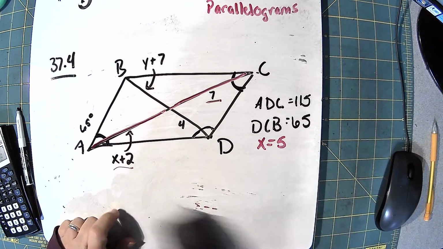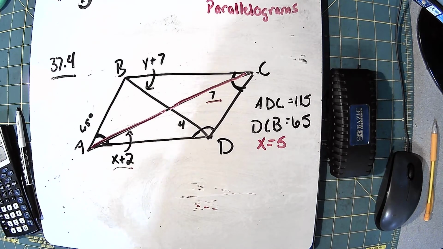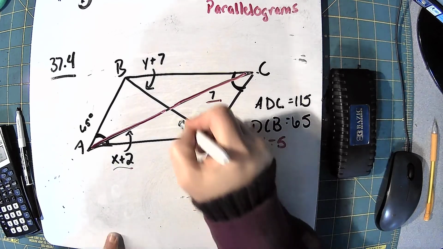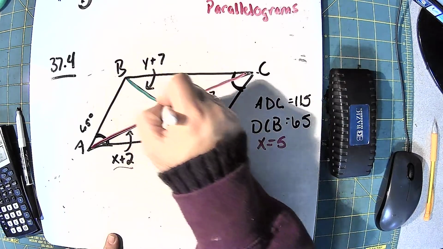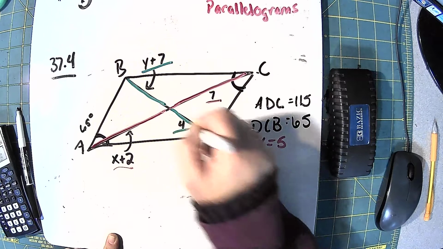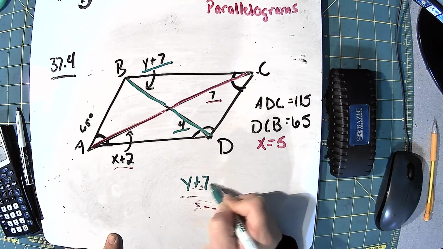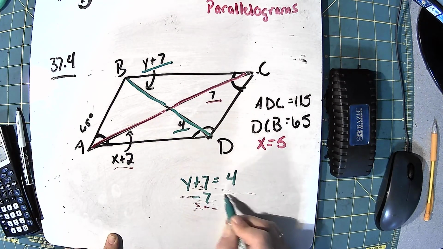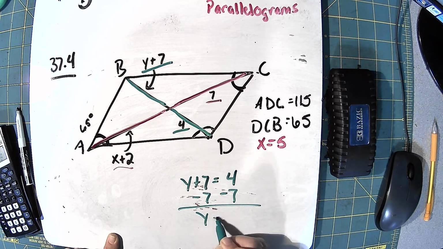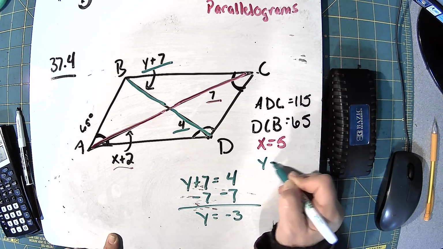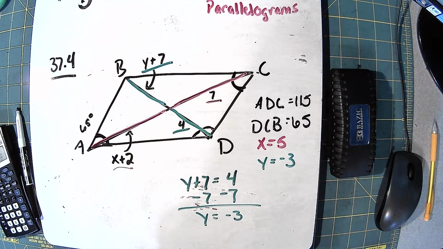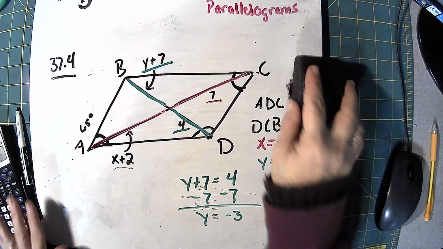Okay, and now our other side, we've got this one equal to that one. So that means Y plus 7 is equal to 4. Minus 7, Y equals negative 3. Okay, so those aren't very hard either.